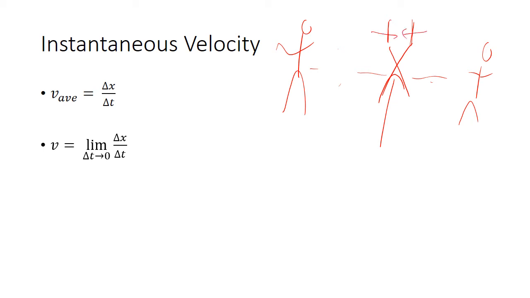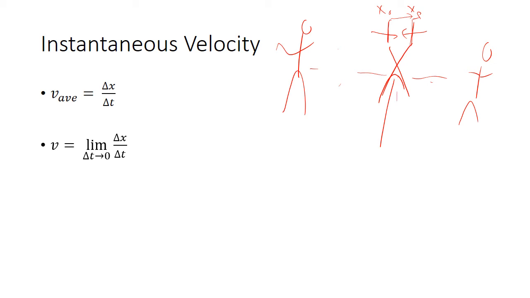We want to take a limit as the delta t between the x naught and the x final gets very, very tiny. That's going to give me my velocity right in the middle, the instantaneous velocity.